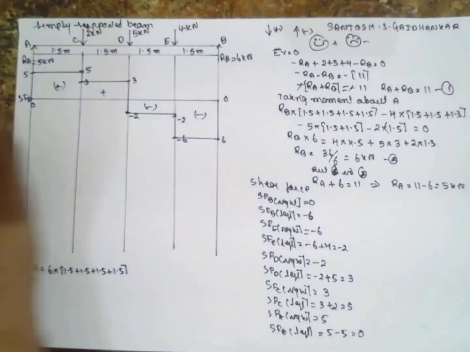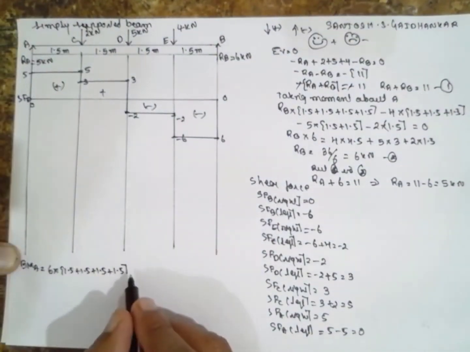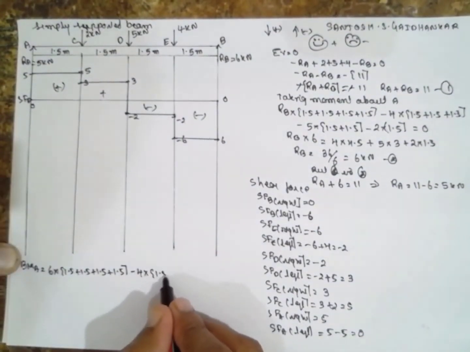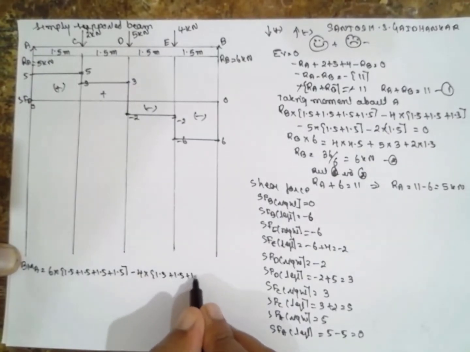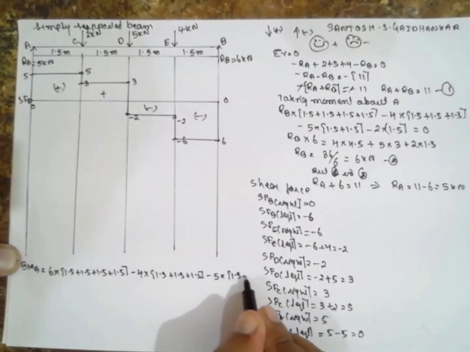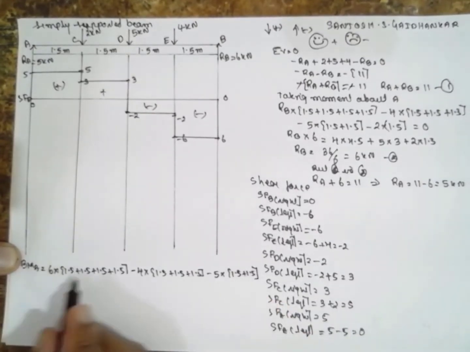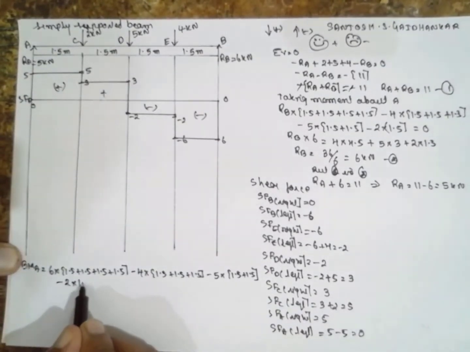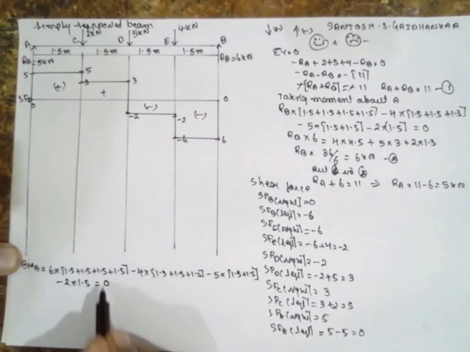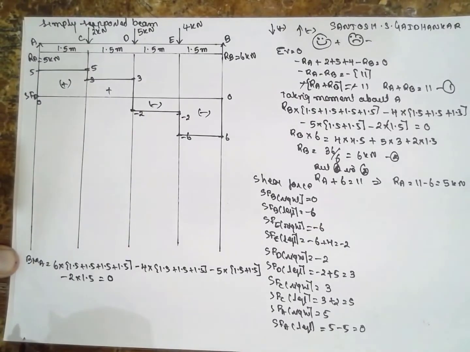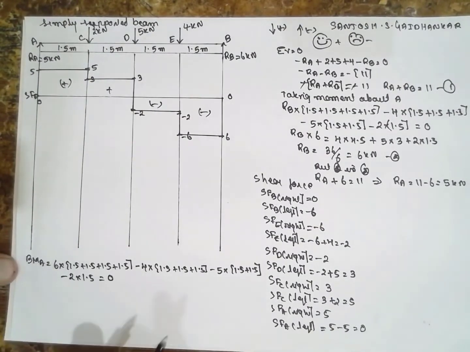Next 4, now it is clockwise, so minus 4 into 1.5 plus 1.5 plus 1.5. Similarly minus 5 into 1.5 plus 1.5. Next minus 2 into 1.5. If you calculate, the value will be 0.